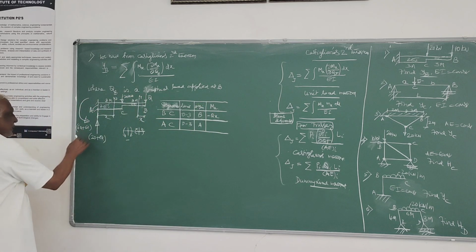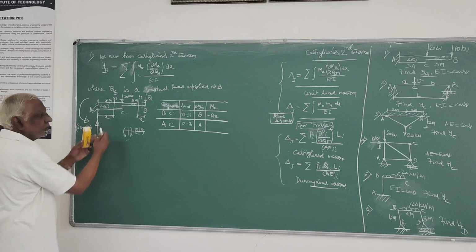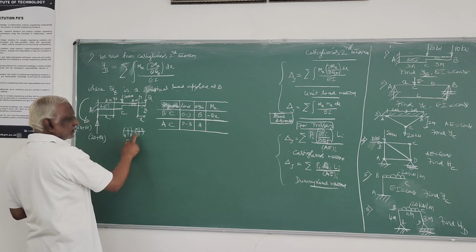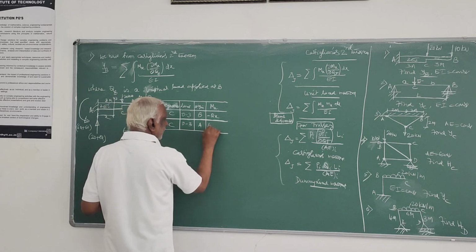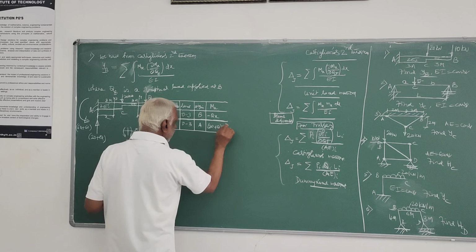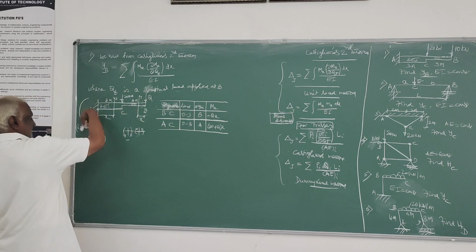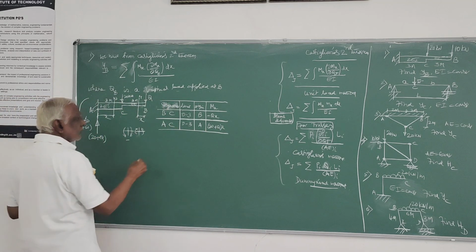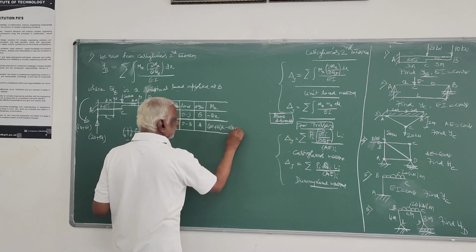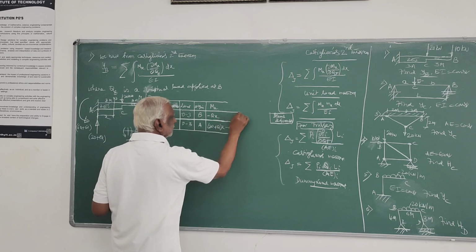For this, it is 20 plus Q into x, it is clockwise, that is positive, 20 plus Q into x. And this is negative, minus 6 into Q plus 10. That's the moment.